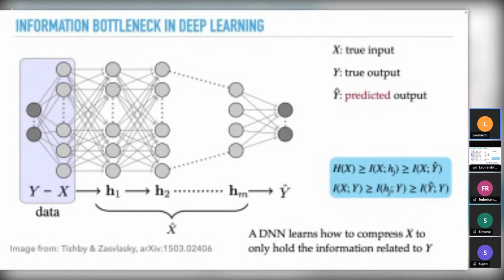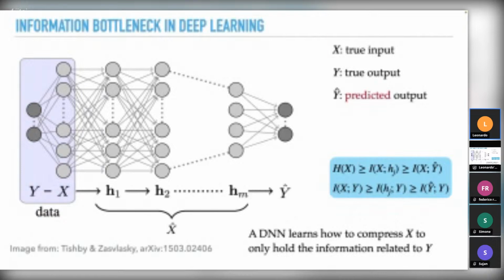At the end, the mutual information between your prediction and the input space is going to be lower than this. So basically what the neural network does is compress your input space, like the space of images, into some intermediate representation, which is everything here in the layers, and eventually giving you this Y-hat out.